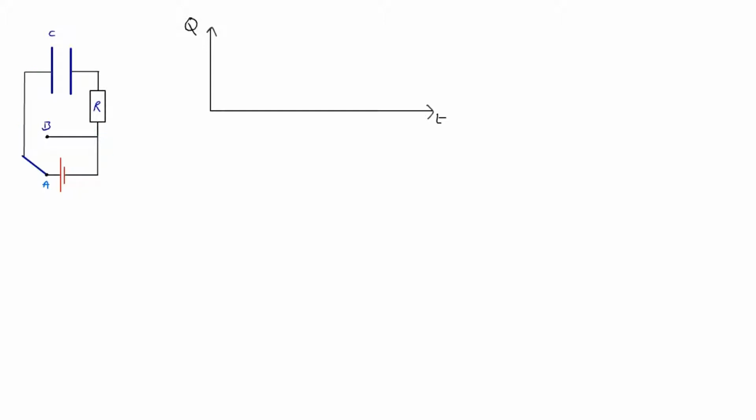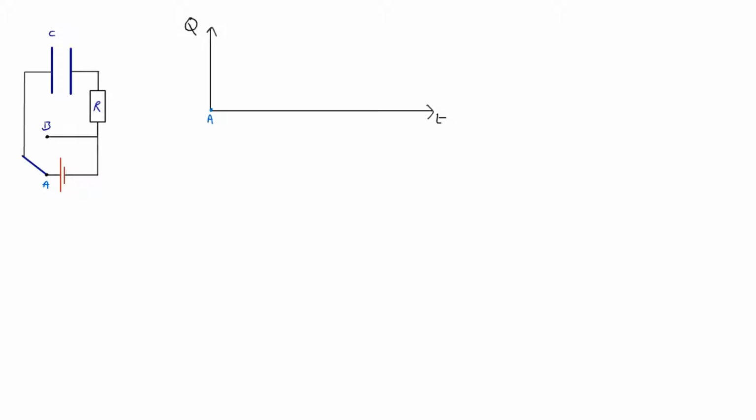Well, what's that going to look like? Initially there's no charge on the plate, so this is Q, how much charge is on the capacitor. At t equals 0, the moment that I toggle the switch to position A, the charge is going to start to build up.